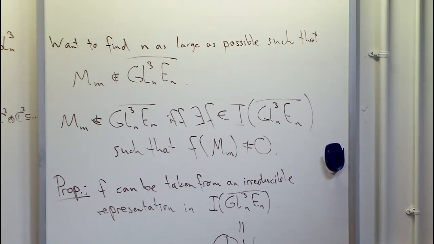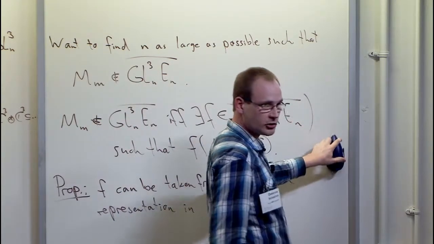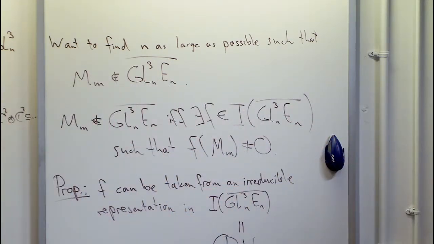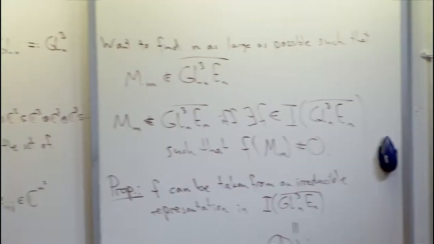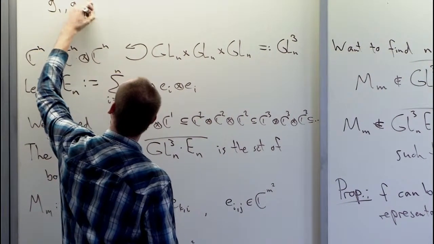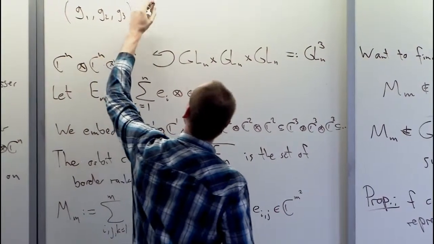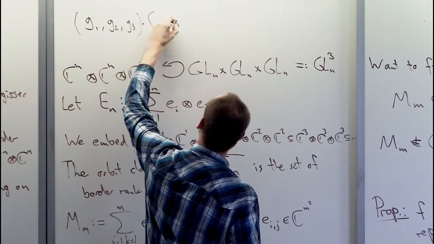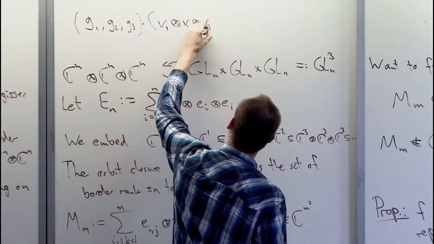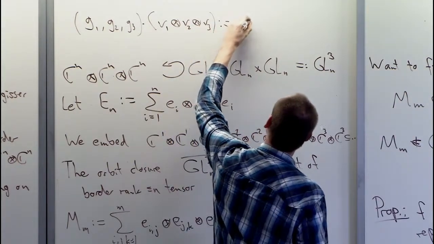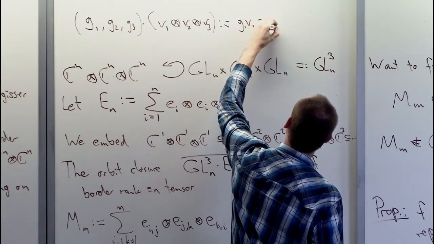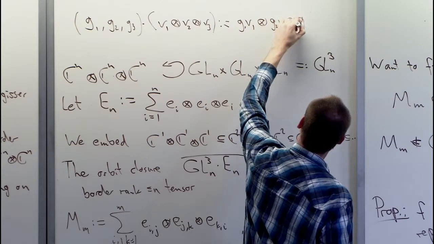GL_n cubed is three copies of GL_n. So the group that is acting is GL_n cross GL_n cross GL_n, and it acts as follows. If you have g1, g2, g3, it acts on, say, v1 tensor v2 tensor v3, by definition, as g1 v1, g2 v2, g3 v3.